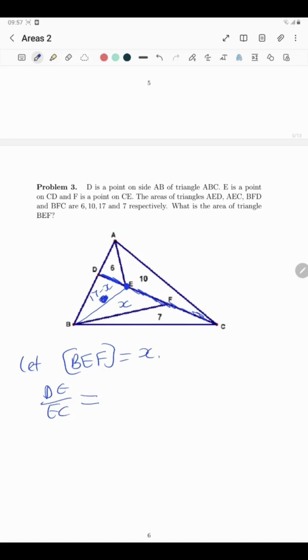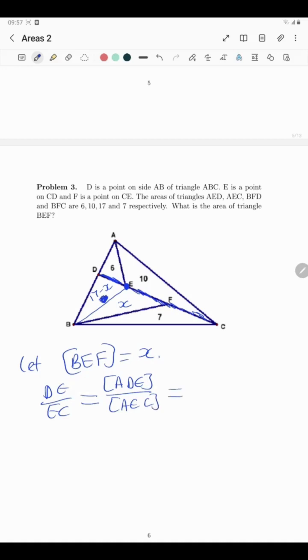One way is to say that AE is a cevian of triangle ADC. So that means that DE over EC is equivalent to triangle ADE over triangle AEC.